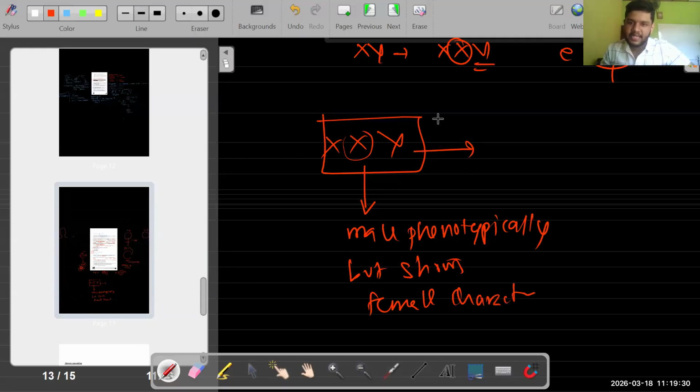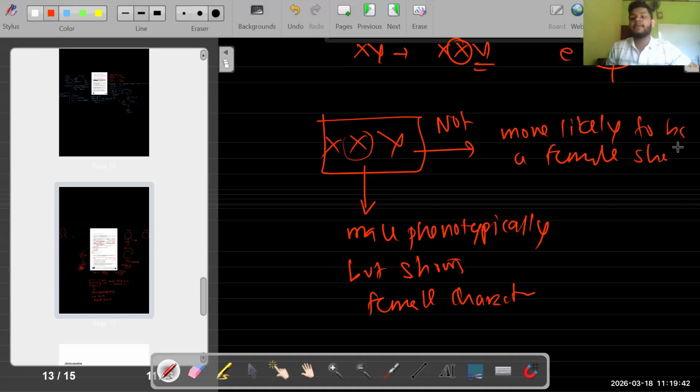Now, if this is not inactivated, what happens? He will be more likely to be a female, showing male characteristics. Can you understand?